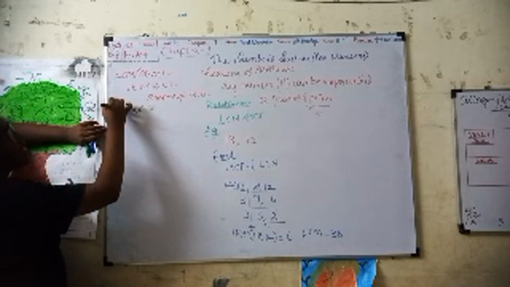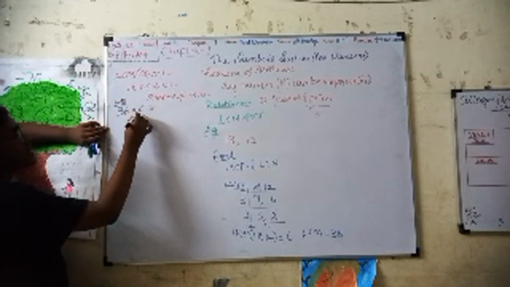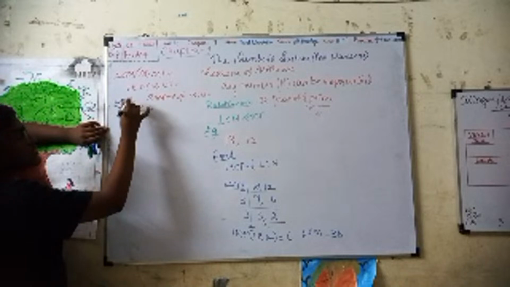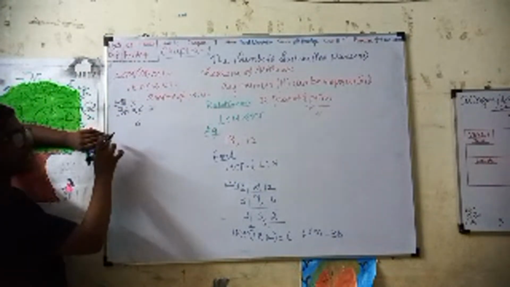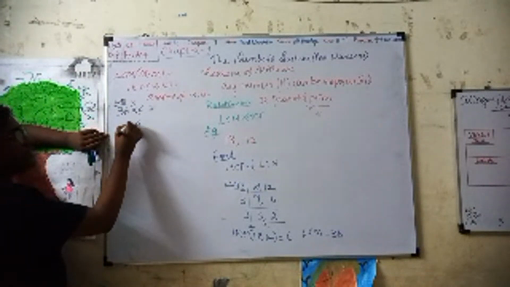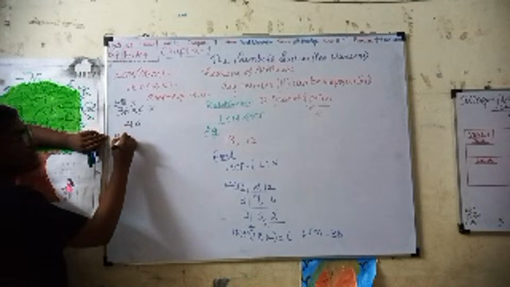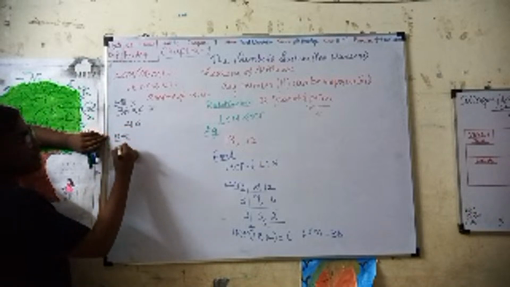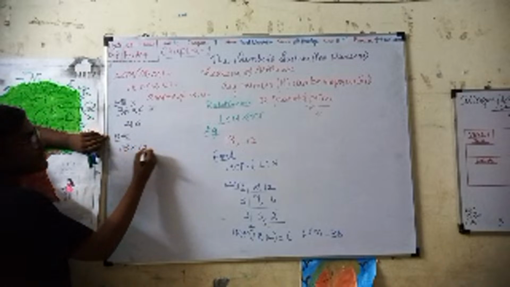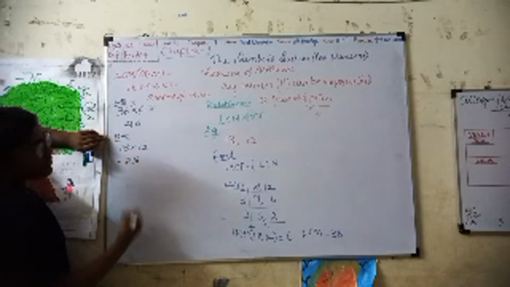So LHS, 6 6s are 36, 6 3s are 18, 19, 20, 21... 216. RHS. What is 18 into 12? That is also 216.